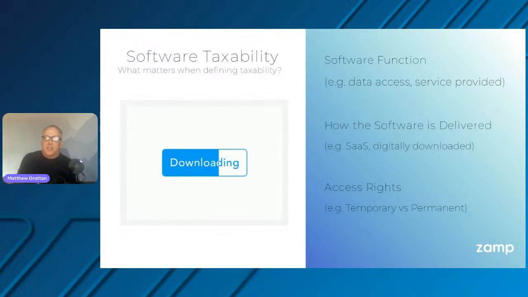I will also tell you this. Sometimes the states don't always agree. So there can be somewhat of a conflict, or let's call it a gray area, where one state may have a certain definition of a specific product type versus another state. I think the biggest thing we work on with customers is, what are you comfortable with based on the product you offer?